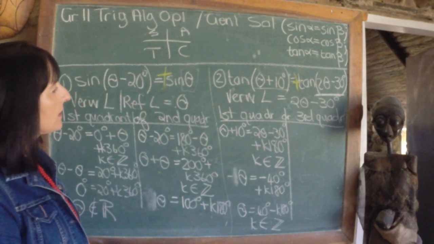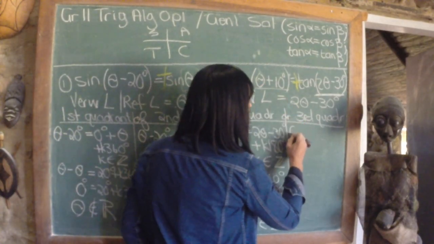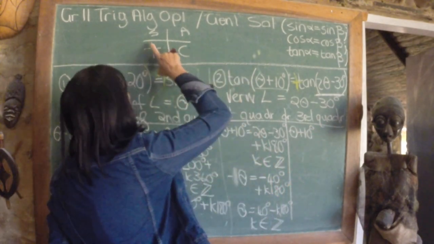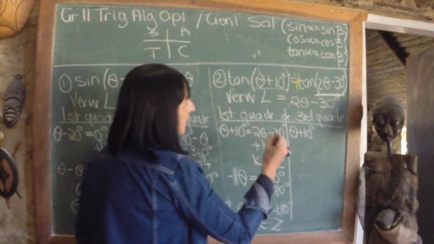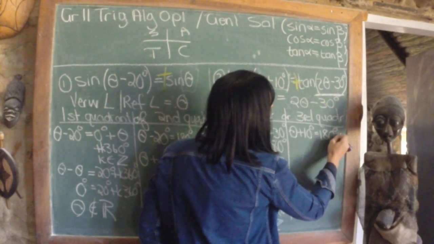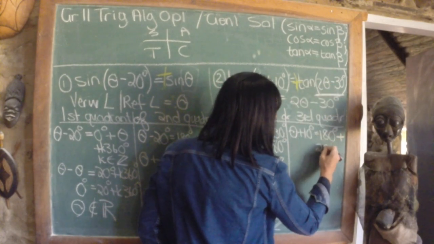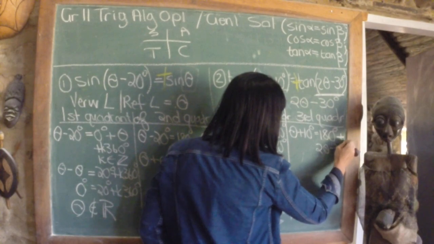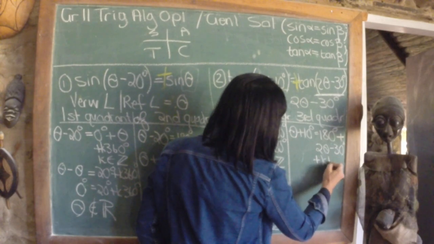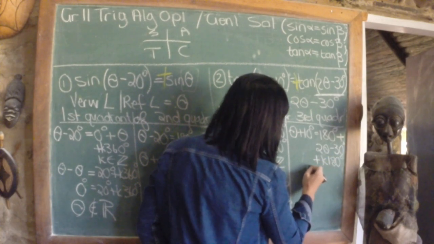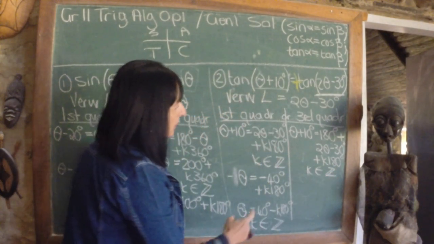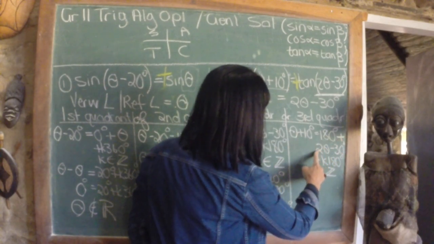Kom ons gaan na die derde kwadrant. Ons gaan weer, my hoek is theta plus 10. In my derde kwadrant, daar sit 180 plus my verwysingshoek. So ek het 180 plus 2 theta minus 30 plus k maal 180 grade, maar dit is tan, k element van z. So let's go and have a look. We've got the theta plus 2 theta.